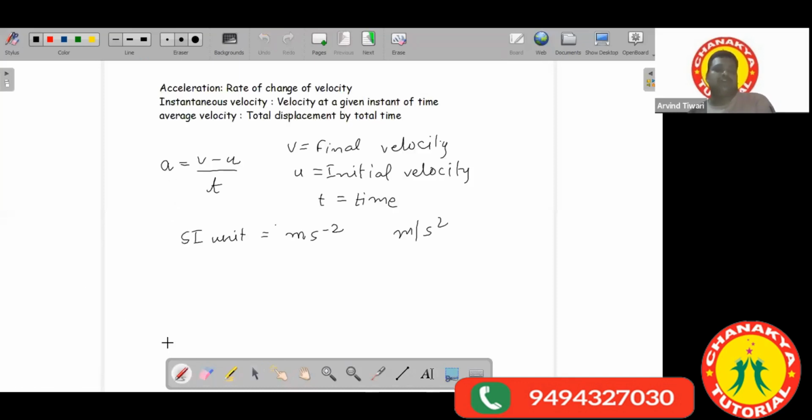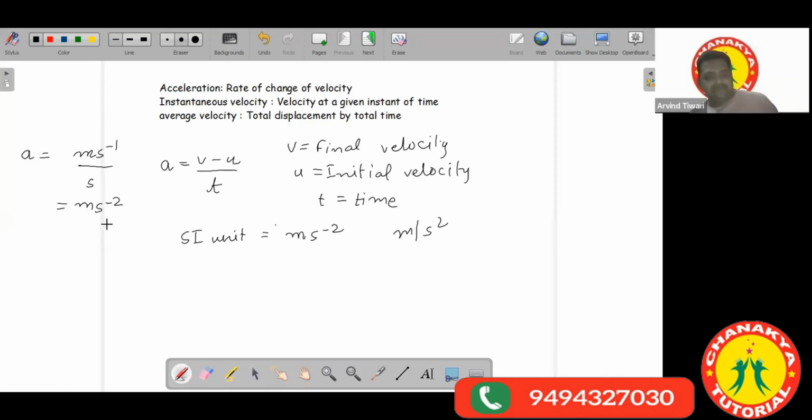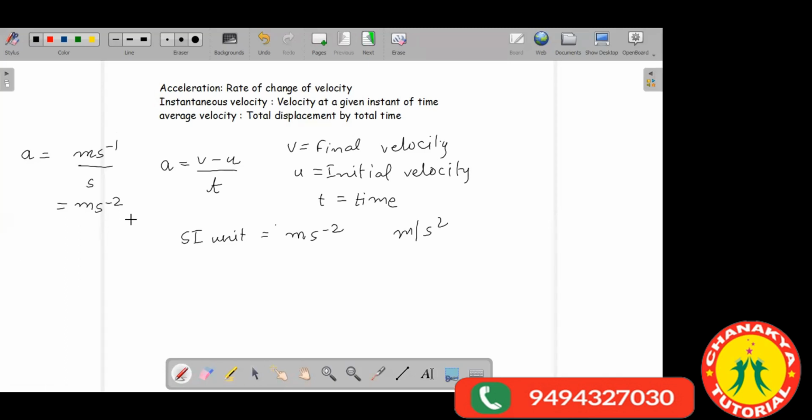We can write acceleration as change of velocity, which will be measured in meter per second, m s minus 1, and time will be measured in second. So if you take the second on the top, it will become m s minus 2, that is meter per second square. Okay, sir. Were you asking the same thing? Yes, sir, I was asking the same thing.